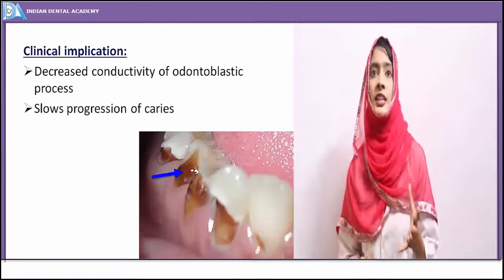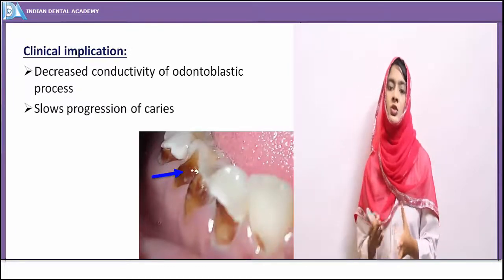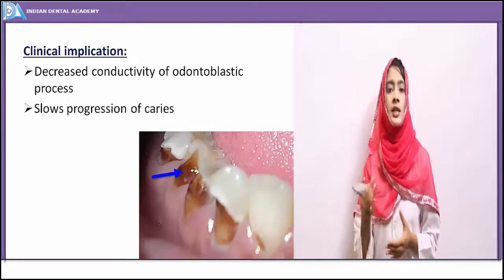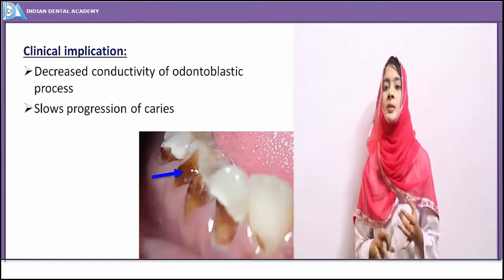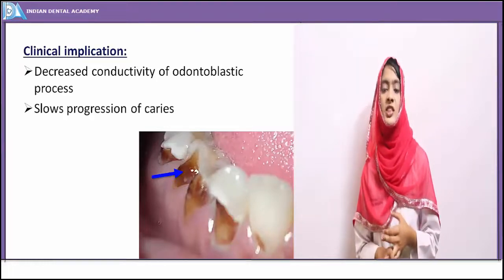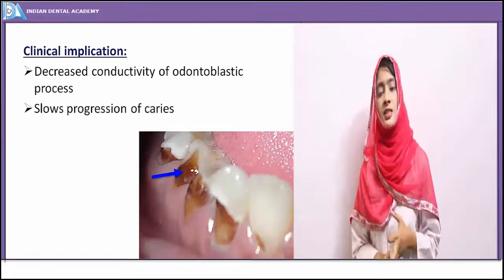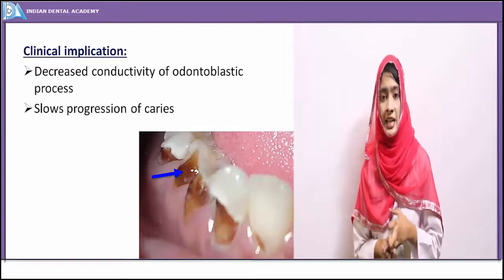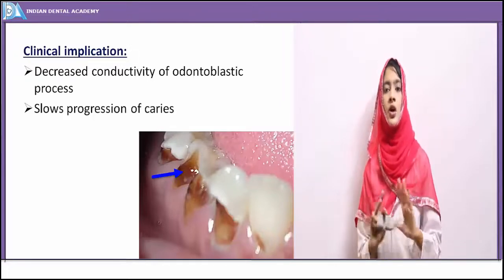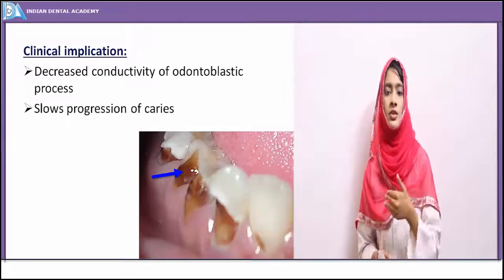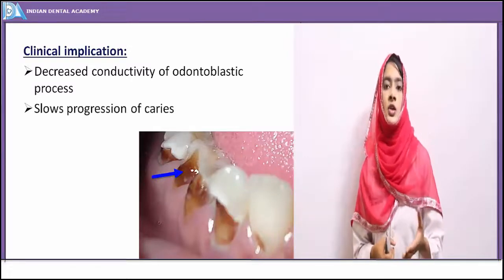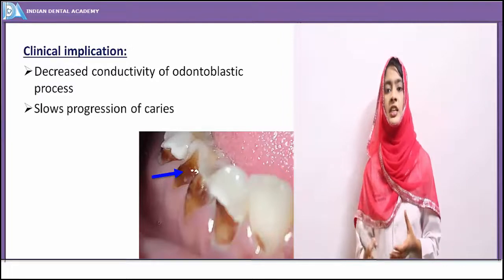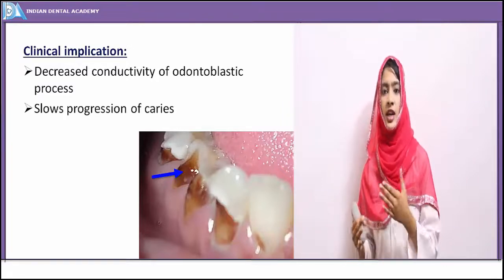Sclerotic dentin is actually advantageous to the tooth because it decreases the conductivity of odontoblastic processes, thereby decreasing hypersensitivity, and it arrests the carious process because it blocks microorganisms from entering deeper towards the pulpal side. The presence of sclerotic dentin is an indication of slow progression of caries.